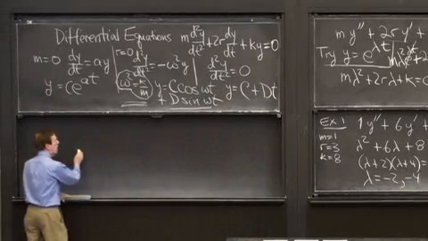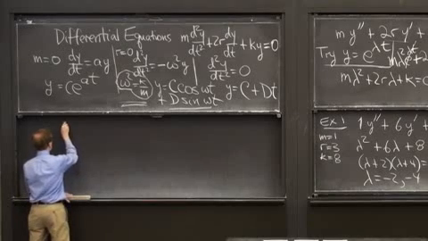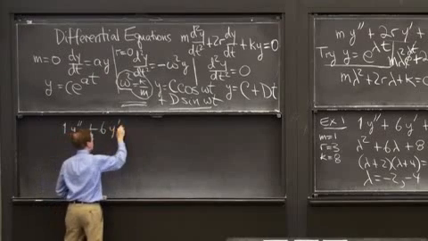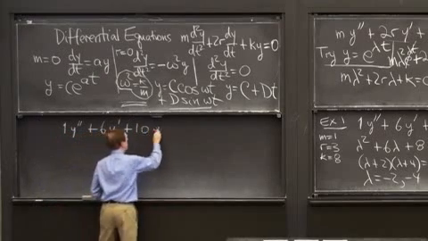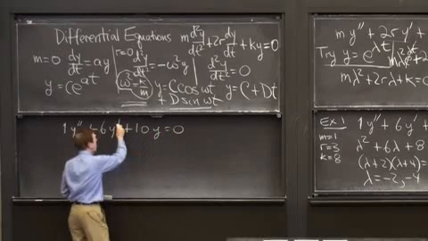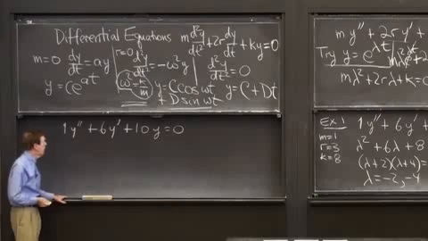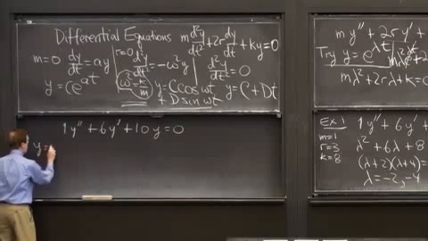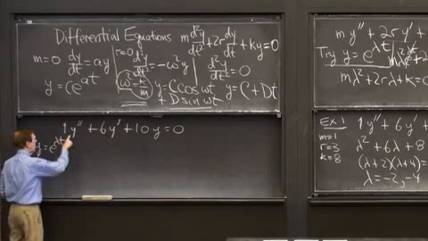Okay, so now my equation is 1y double prime, 6y prime still, and now 10y equals 0. Remembering prime means derivative. Okay, so again I try y is e to the lambda t. I plug it in.